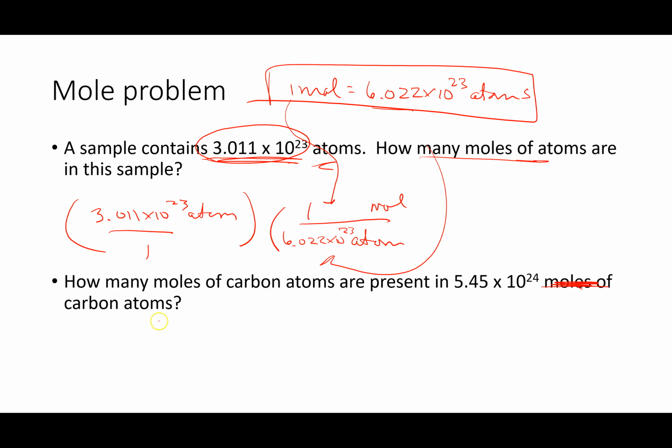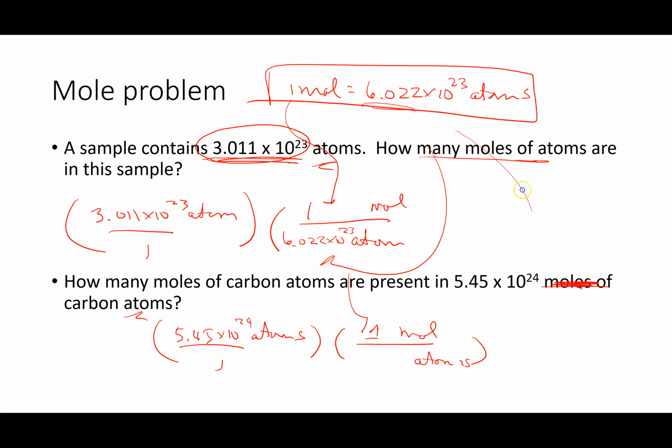Goodness gracious. So 5.45 times 10 to the 24th atoms over 1. I want my atoms to cancel, so they're going to go in the bottom of the next term, and I want to be left with moles. And so here again, the 1 mole goes on the top, and the 6.022 times 10 to the 23rd atoms goes on the bottom.